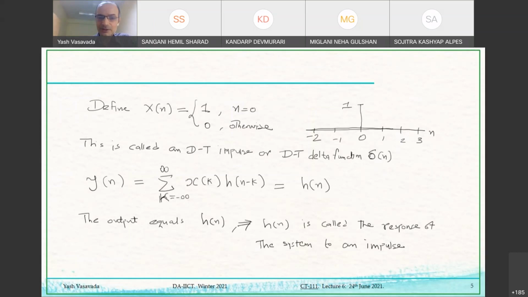Then at the present time, you tap it just one time. And then you don't touch the string again afterward. Then it is as if you excited that system, the guitar or violin, by an impulse. You pushed it one time. And then the musical note that you hear would be called the impulse response of that guitar.